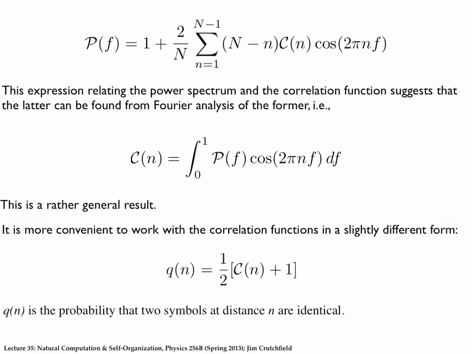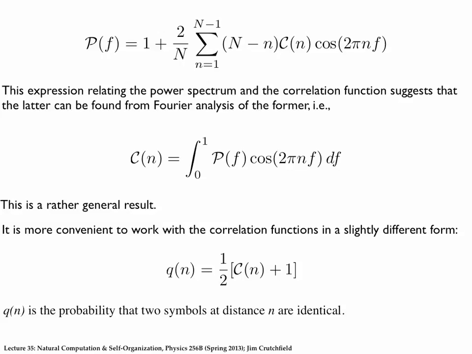If we go back to this expression and look at P of f, we find that if the total number of symbols is not equally divided between the two, and in this case it's not with the golden mean, then as the correlation functions die off, and we saw this died off very quickly, we get a term here that just continues to add.